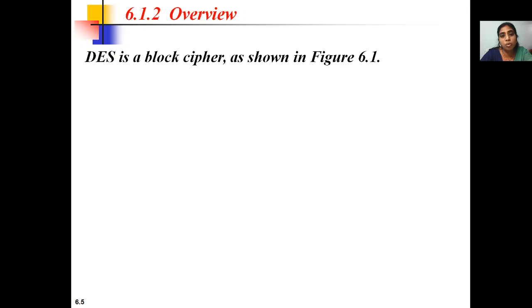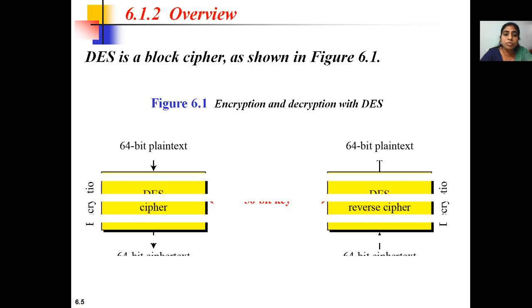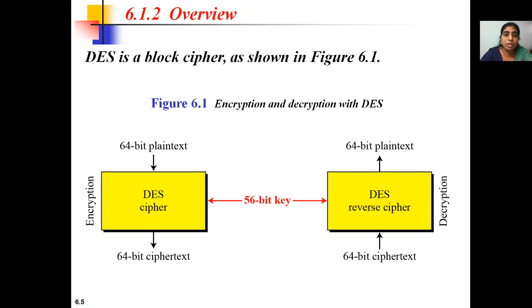Coming to the overview of the DES block cipher, in this particular DES we are going to use a block size of 64 bits and a key size of 56 bits.